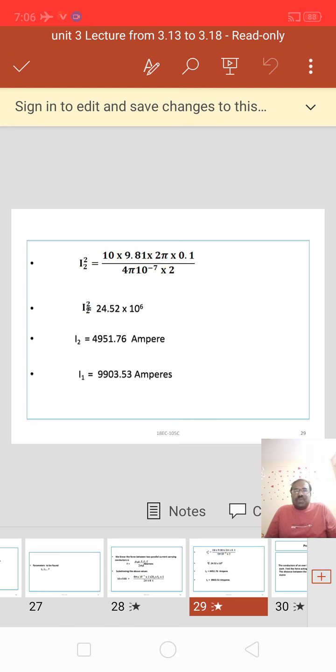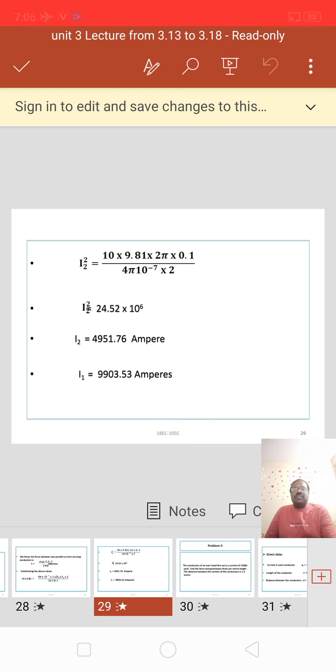By substituting these values, we get I2 square equal to 24.52 into 10 power 6. By converting that, I2 equal to 4951.76 amperes and I1 equal to 9903.53 amperes. Okay, simple problem it is.